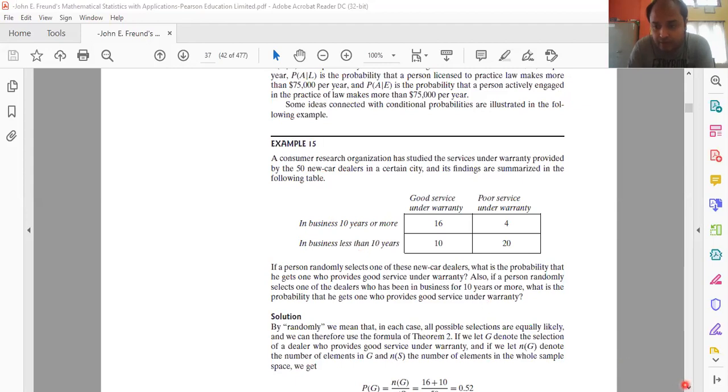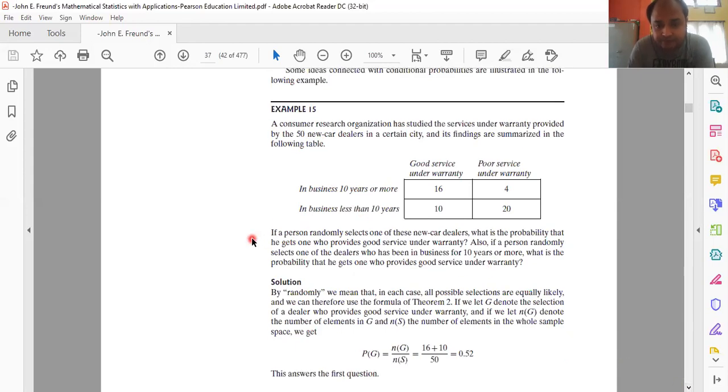Now, if you choose a car dealer randomly, what is the probability that he provides good service under warranty? When we talk about this, we stick to this particular column, because it represents the car dealers which provide good service under warranty.